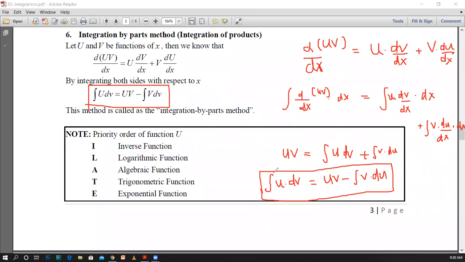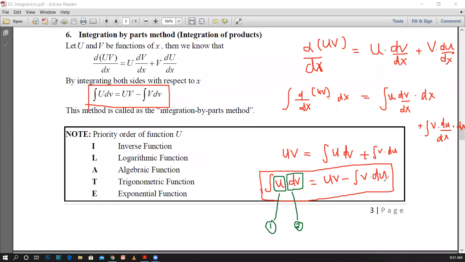Actually, here we consider the integral of a function when it is given as a product of two functions. You should be able to identify one function as u and the other function as dv. If you have identified one function as u and the next as dv, then you can apply this integration by parts technique to find the proper integral value.